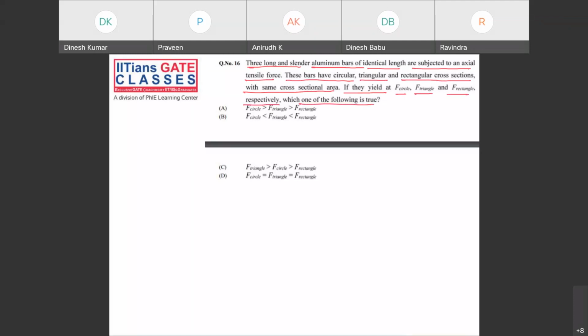Now guys, here we know for any bar or rod, what is the stress? Stress is always sigma, induced stress is P by A. Now what is given here? Material is same, so the yield strength value will be same.